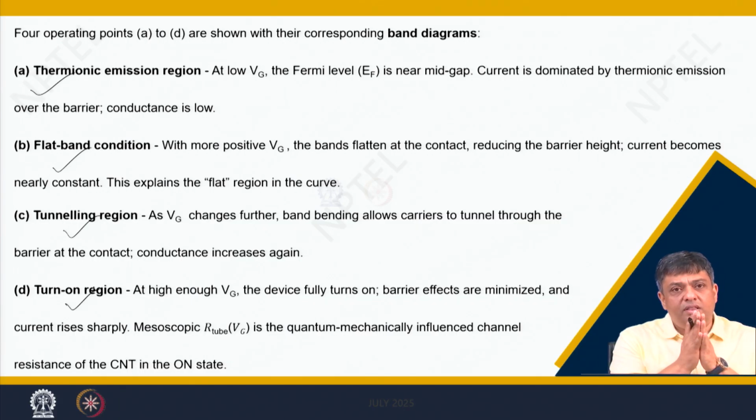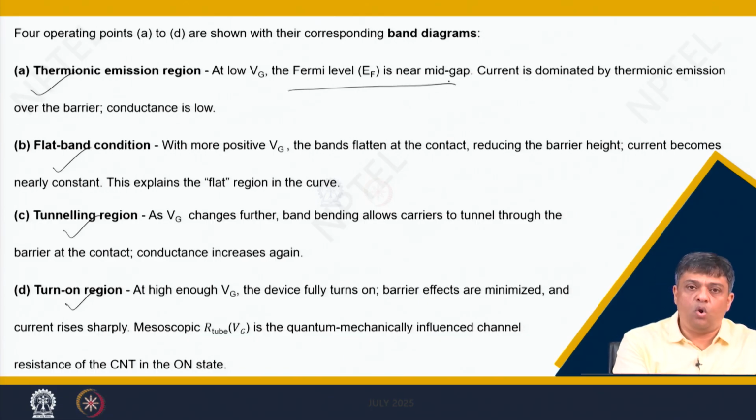So, the reason for change in these 4 regions is coming in because at very low Vg you have Fermi level which is near the middle of the Eg, and so current is mostly dominated by thermionic emission over the barrier height, and therefore conductance is low.